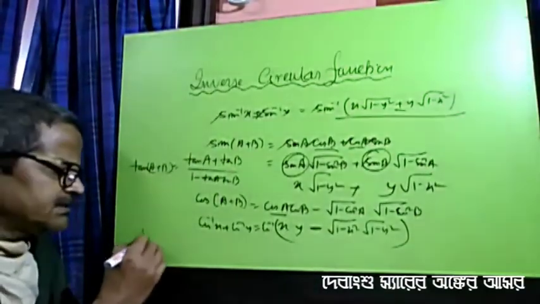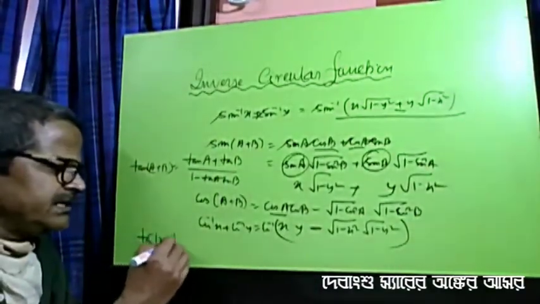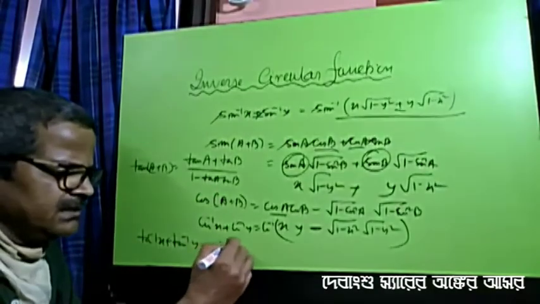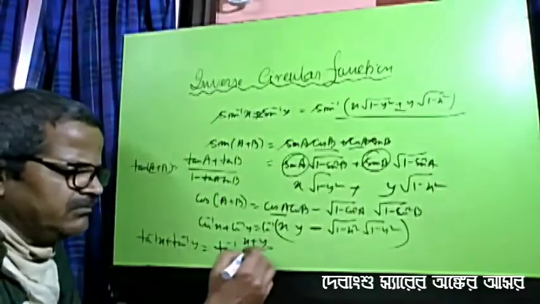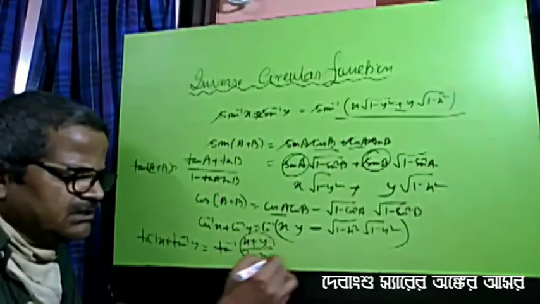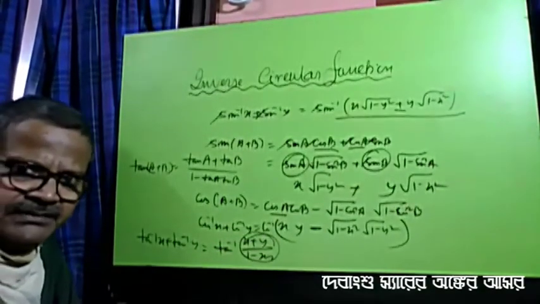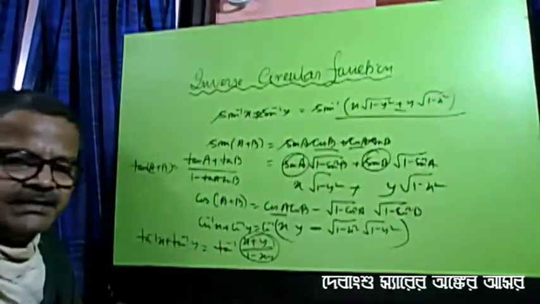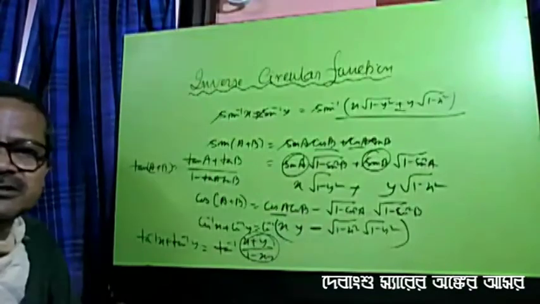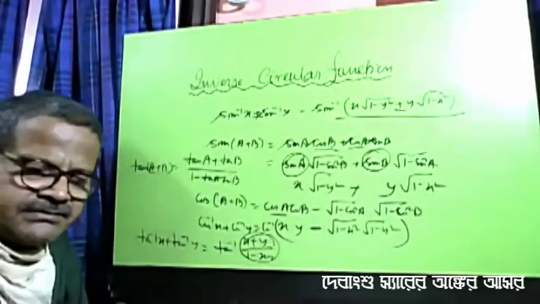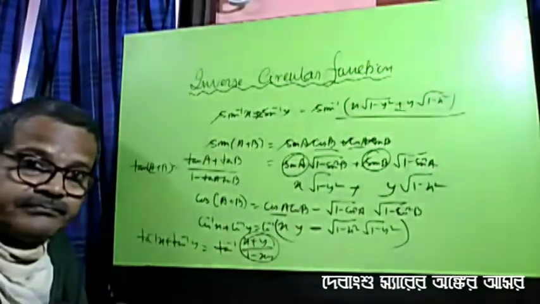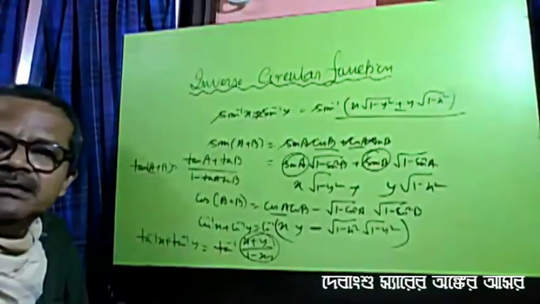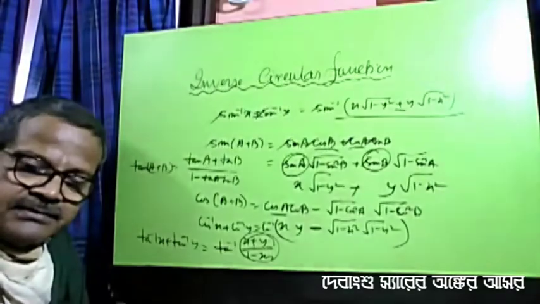So tan inverse x plus tan inverse y will be tan inverse x plus y by 1 minus xy. Just recall the formula of tan a plus b, the formula of sin a plus b, the formula of cos a plus b, and so on. This way we can remember the formulas.